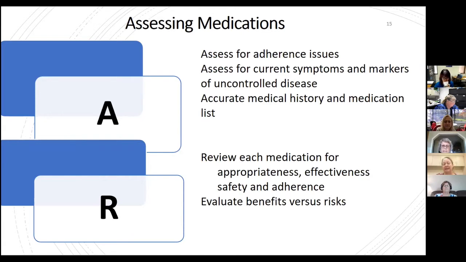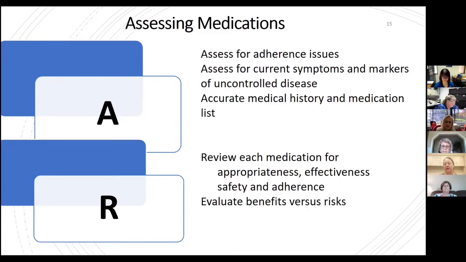When we're assessing medications for older patients, we're looking at what medications they're on. We're also assessing whether they're having any side effects from the medications, and a lot of the side effects would be some of the symptoms they might be having. We can also assess for uncontrolled disease and for their adherence.